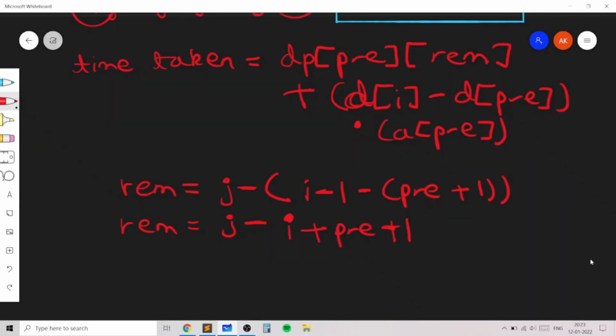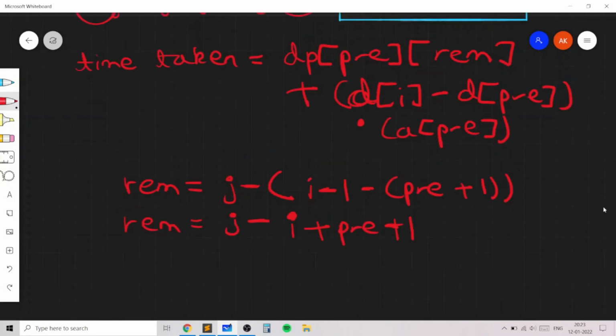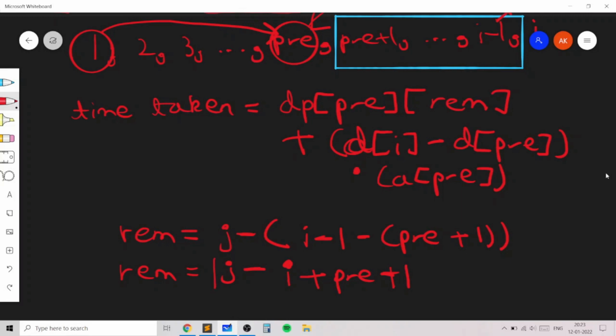So it's j minus I plus pre plus 1, and you can basically see that this is the value of rem if you evaluate this expression, and we basically take this value and put it inside the recurrence over here to get the time taken.